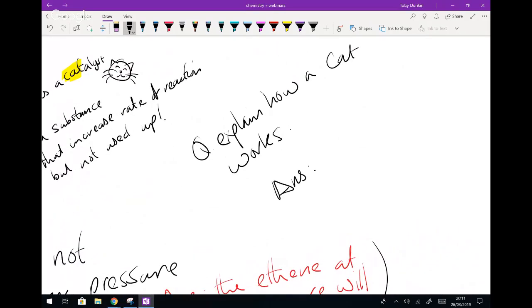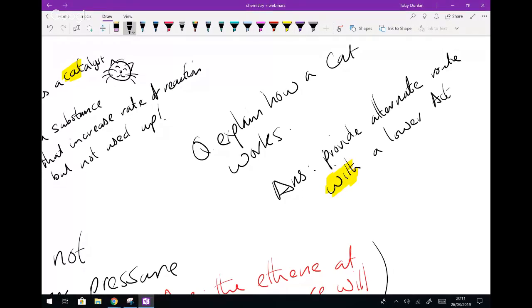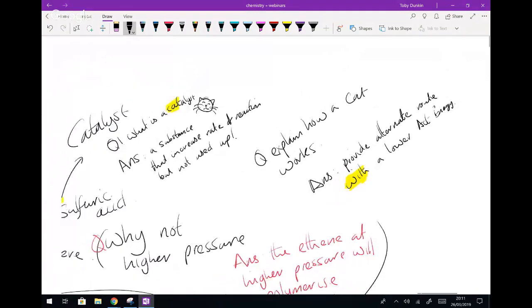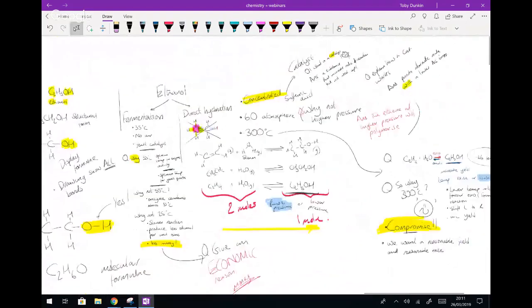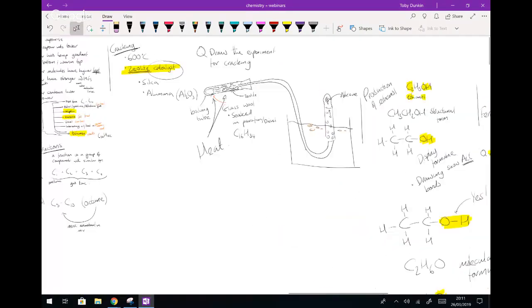Answer: it provides an alternative route of reaction with a lower activation energy. With is your key word. Cool. Just watch out for those. Okay. At that point, we are done with industrial chemistry.